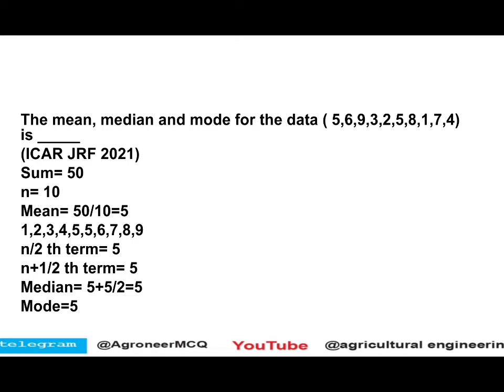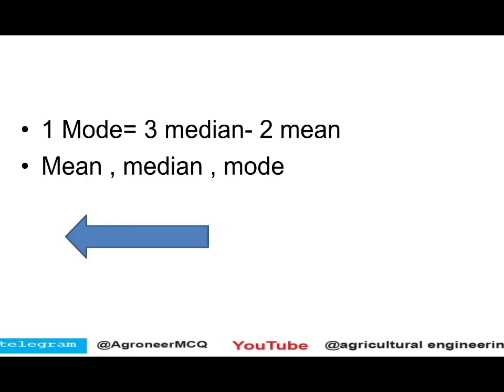The fifth term is 5 and the sixth term is 5. So the average of both terms is 5. So we will get median as 5 and the most repeated observation is 5. So we will get mode 5. So the correct answer is mode 5, median 5 and mean equal to 5.